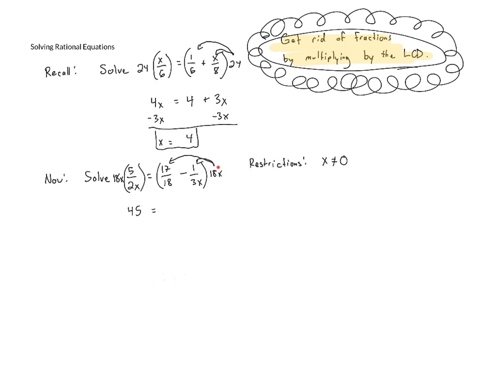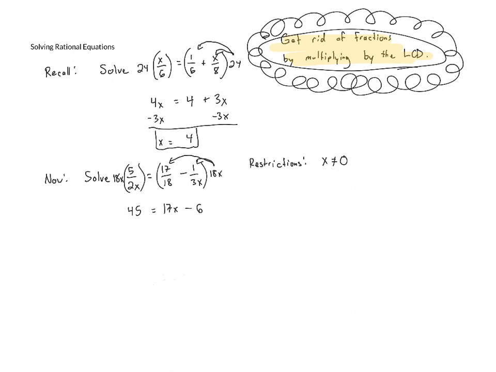When we distribute the 18x to this first term, notice that the 18s are going to cancel. So we just have x times 17, which is 17x. It's a lot faster than taking 17 and multiplying it by 18 and then dividing it by 18. Now, in the other term, we've got minus 18x times 1 is 18x, and when we divide that by 3x, we get 6. And again, we have a simpler equation with no fractions.